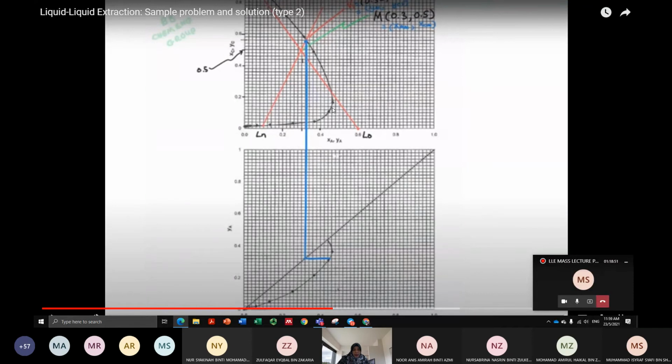From L1, what you need to do is to draw the connection, you connect from L1 to V1. So when you draw L1 to V1, you're going to get the first tie line.